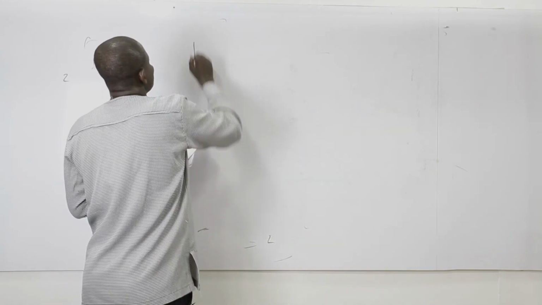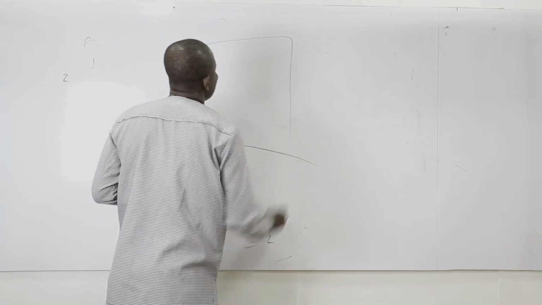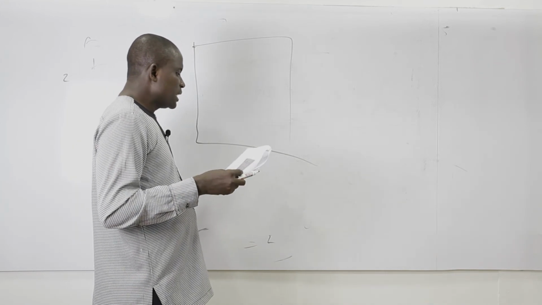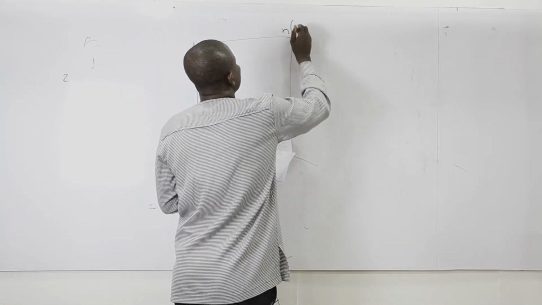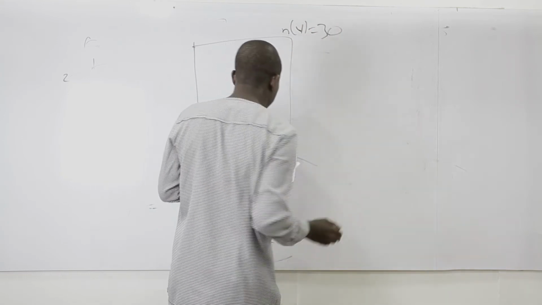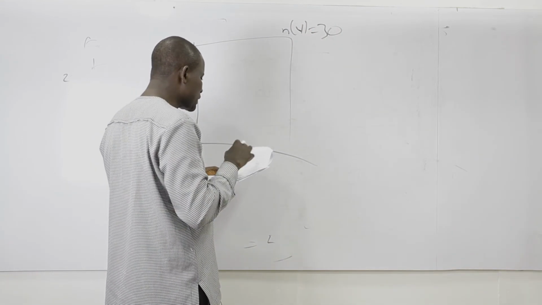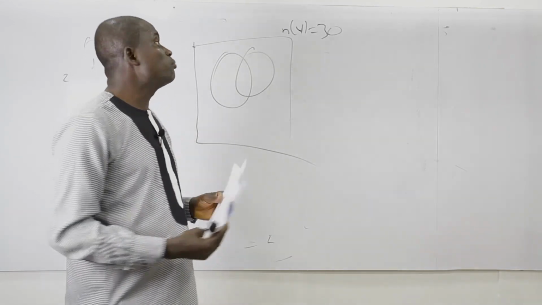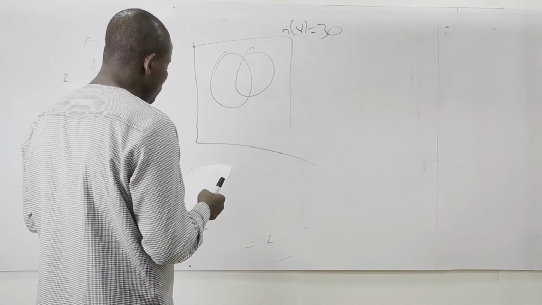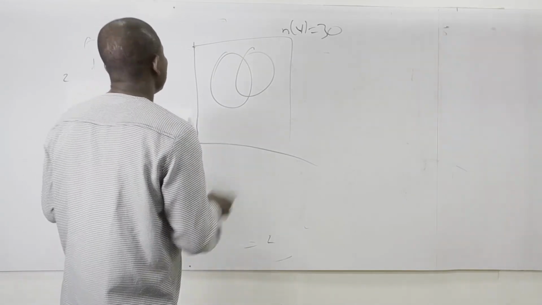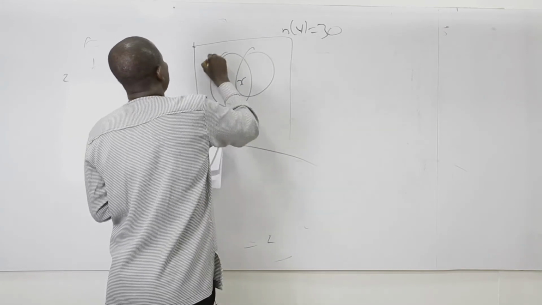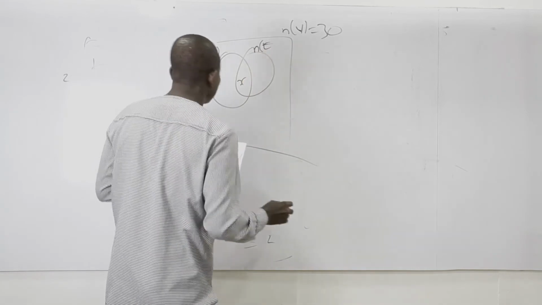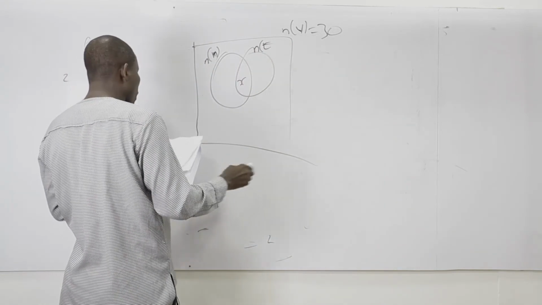Now, straight away, let me read it again. He says that in a class of 30 students, so n(U) is equal to 30, right? The number of students studying both subjects is equal to the number studying none.